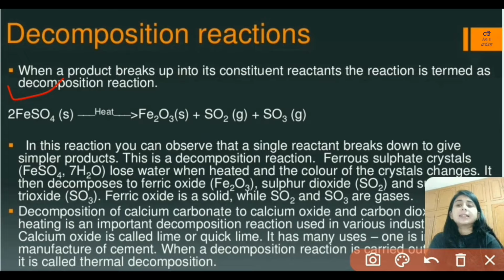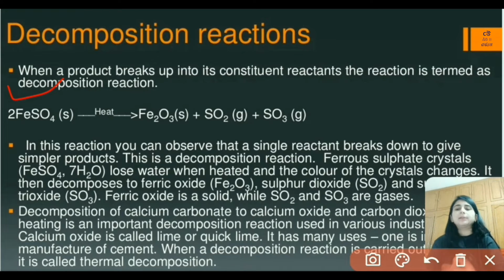So ferrous sulfate crystals will be losing water when heated, and the color of crystals will also change. Then it will decompose to ferrous oxide, sulfur dioxide, and sulfur trioxide.